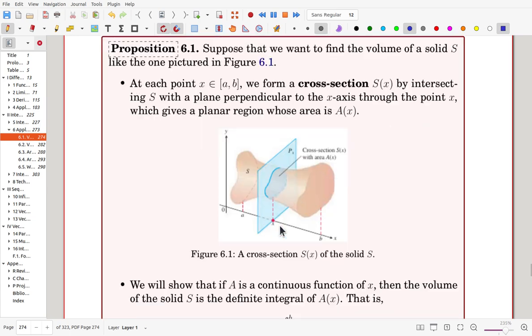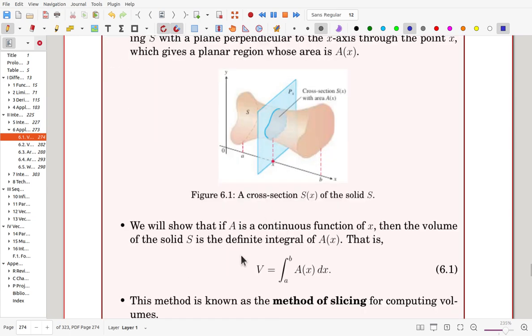Now, in this section, we'll show that if A is a continuous function of x, then the volume of the solid is the definite integral of the cross-sectional area from A to B. The method is known as the method of slicing.